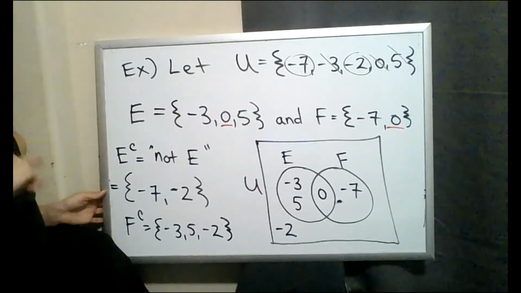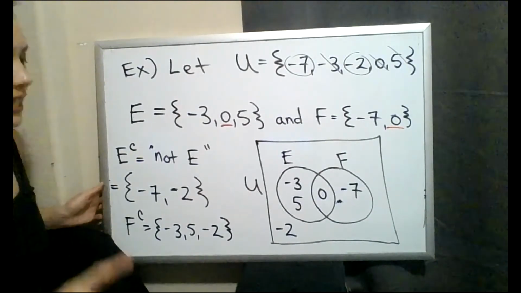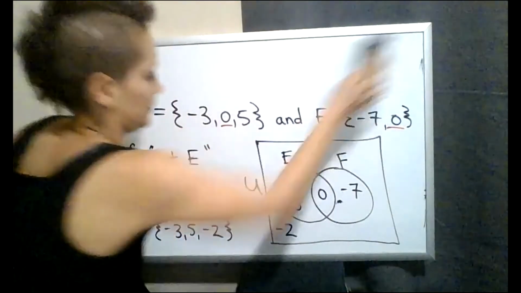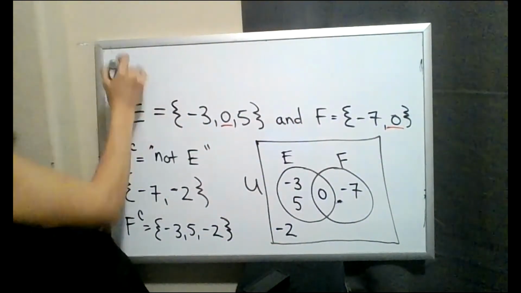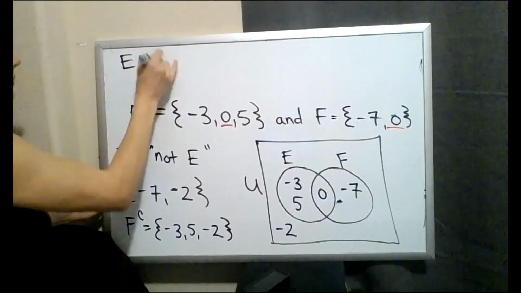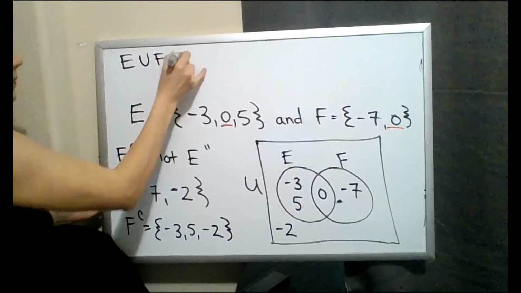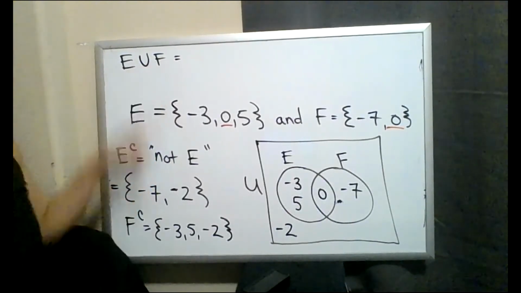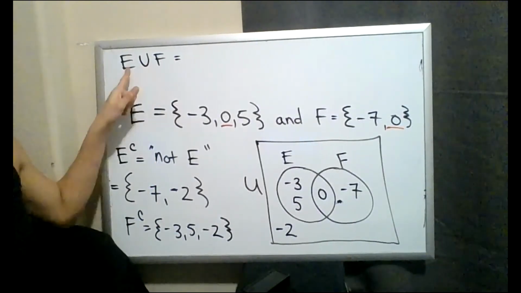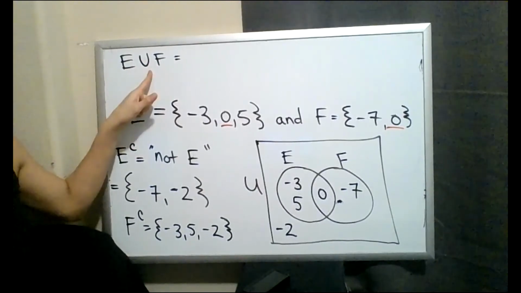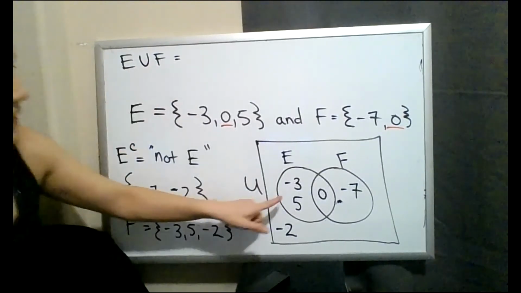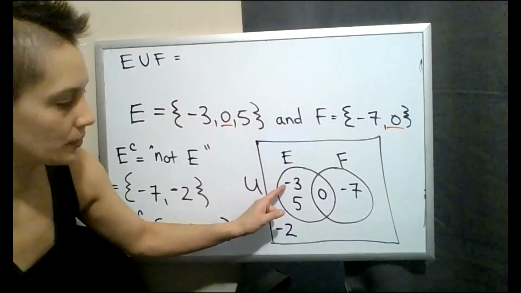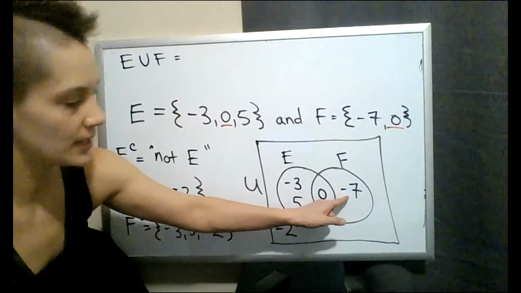Let's find the union of E and F. So union is for "or." So it's in E, or it's in F, or it's in both. So we take this set, put it with that set, and have -3, 5, 0, and -7.